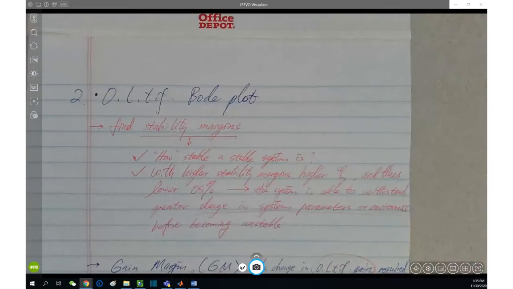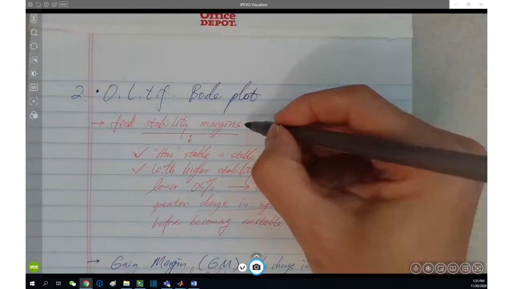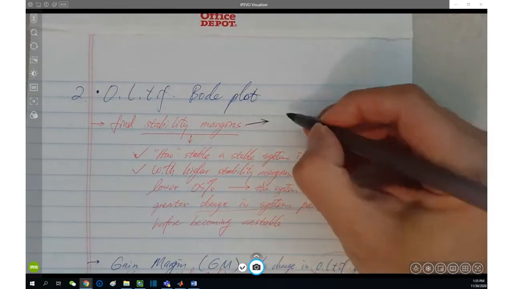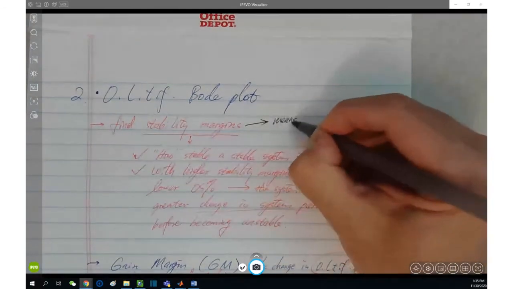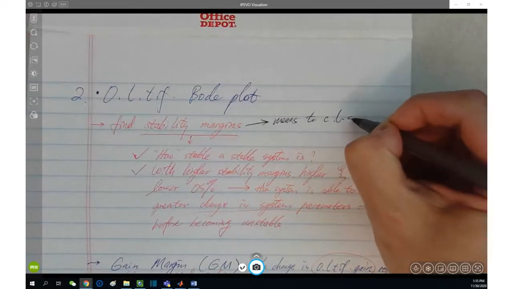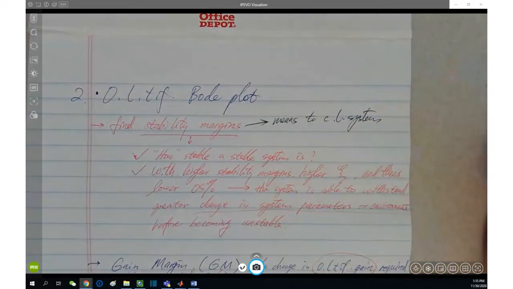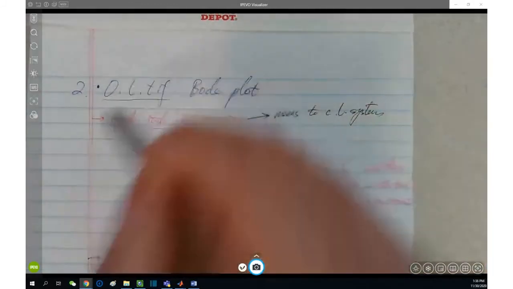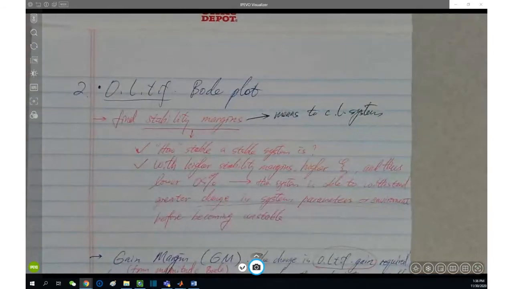We use a different color to emphasize this one more time: stability means stability of the closed loop system, not the open loop system. We are using the open loop transfer function Bode plot to find the stability margins for the closed loop system, right? Remember this rule. Don't mess this up.